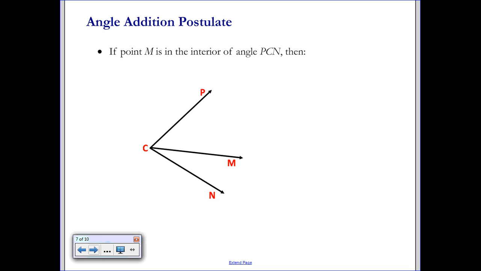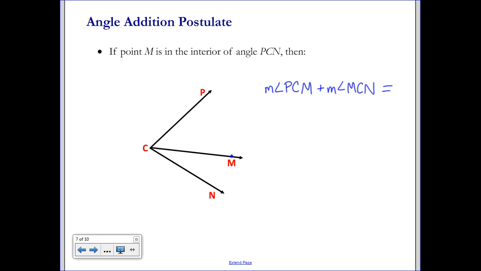The angle addition postulate, which is a lot like the segment addition postulate, says if point M is in the interior of some angle, for example, PCN, and that's shown here. We have the point M that's somewhere inside of the angle PCN. Then the measure of angle PCM plus the measure of angle, let's say MCN. Establish where those two angles are for a second.